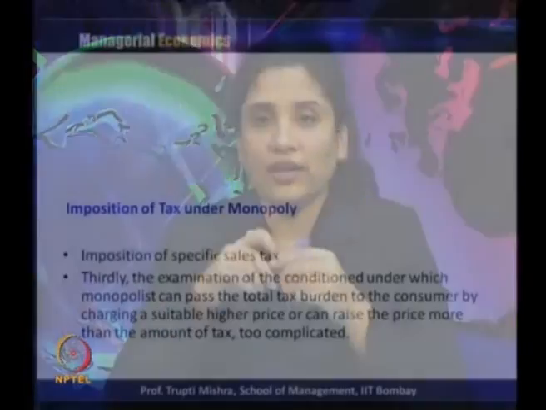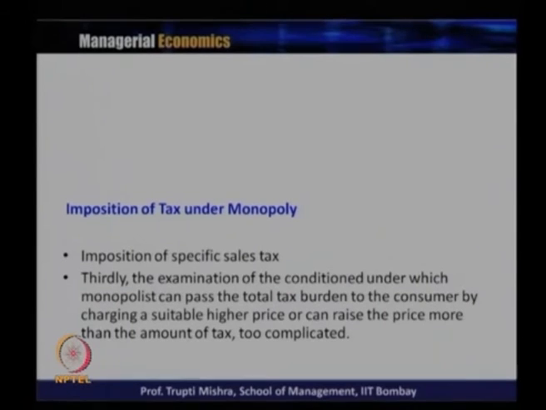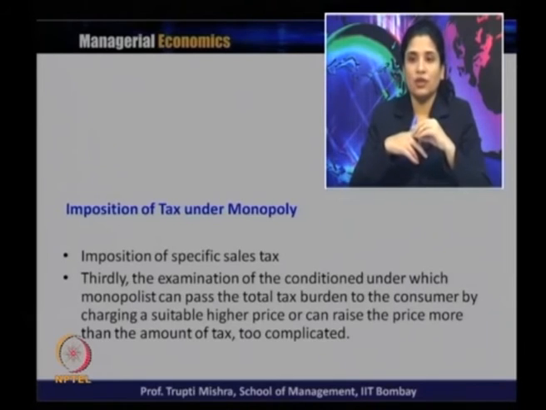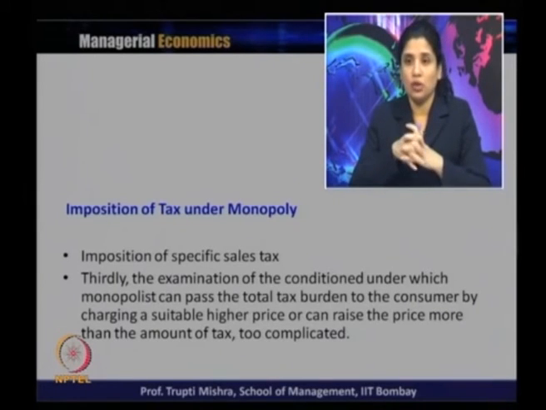There is a third dimension to it. The examination of the condition under which the monopolist can pass the total tax burden to the consumer by charging a suitably higher price, or can raise the price more than the amount of tax, is too complicated.